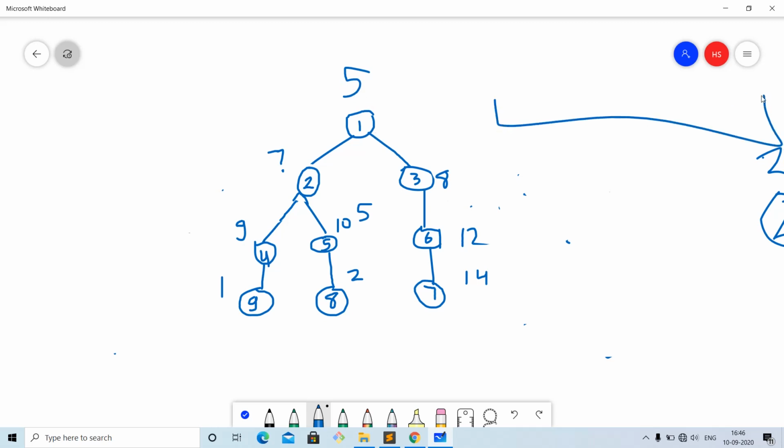That is, in the result array, the number on the root will be the first entry. Now if we see vertex 2, what are the numbers on the path?